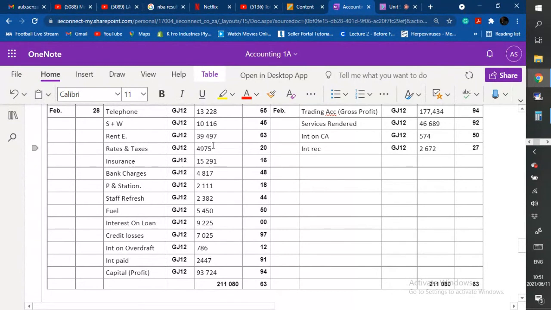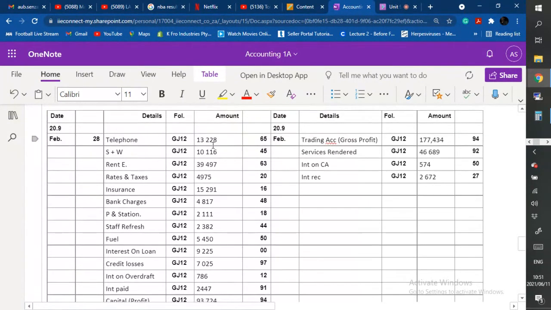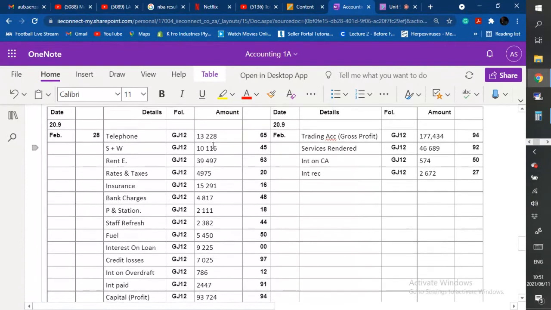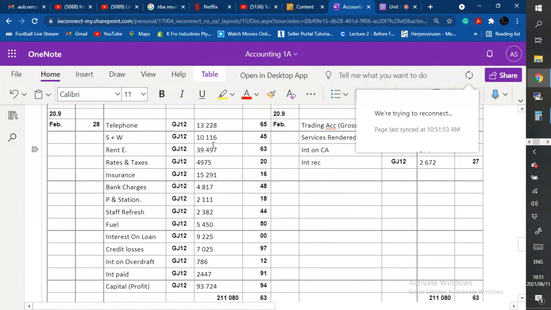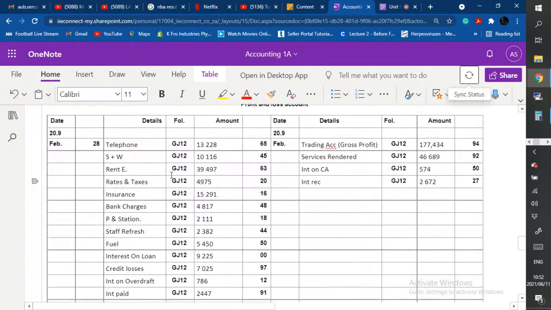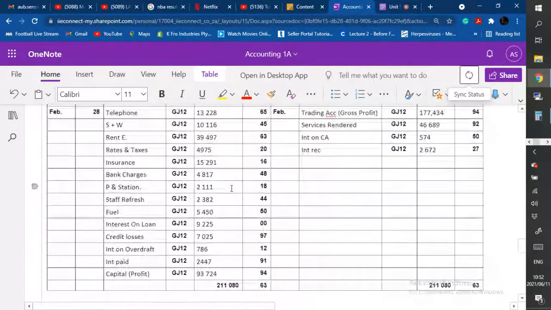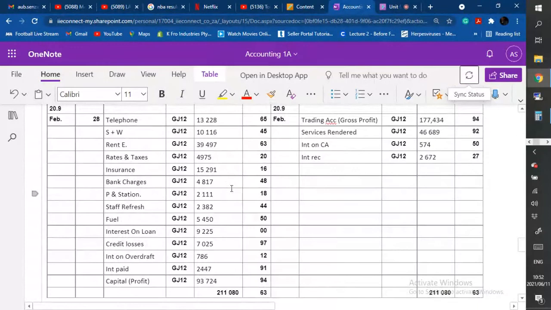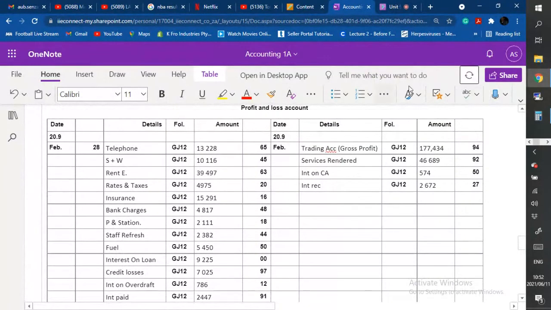Okay, guys, notice here in the profit and loss, we don't have sales, we don't have cost of sales, and we don't have sales returns. Why? Because we closed that off in the trading account. Okay, so please make sure you don't make that mistake. That's one of the mistakes a lot of my students have made in the past. Please do not make that mistake.